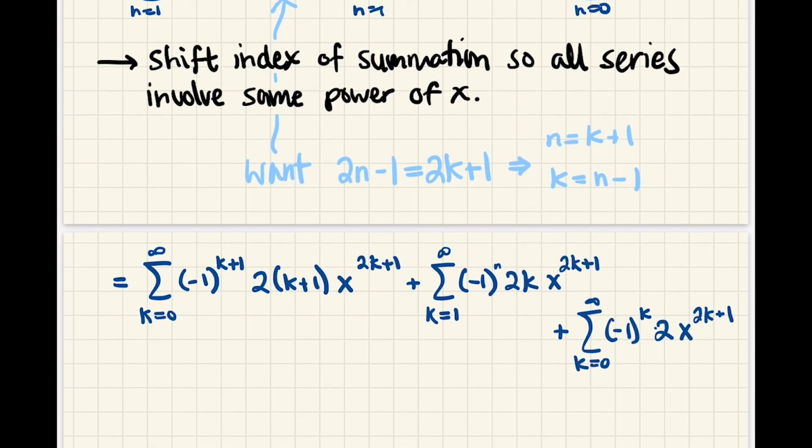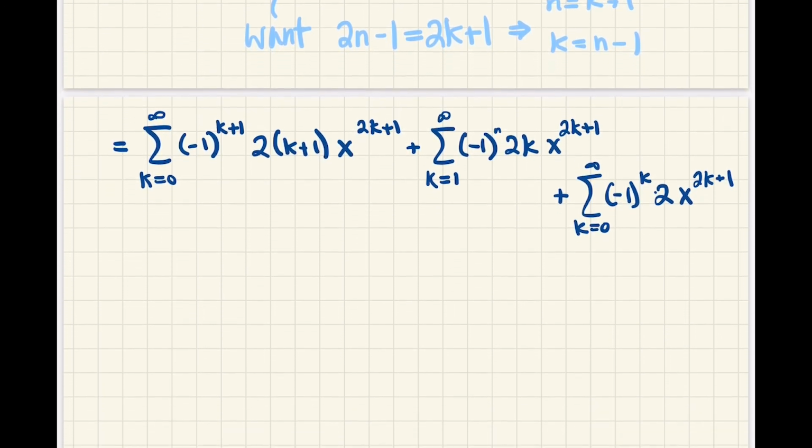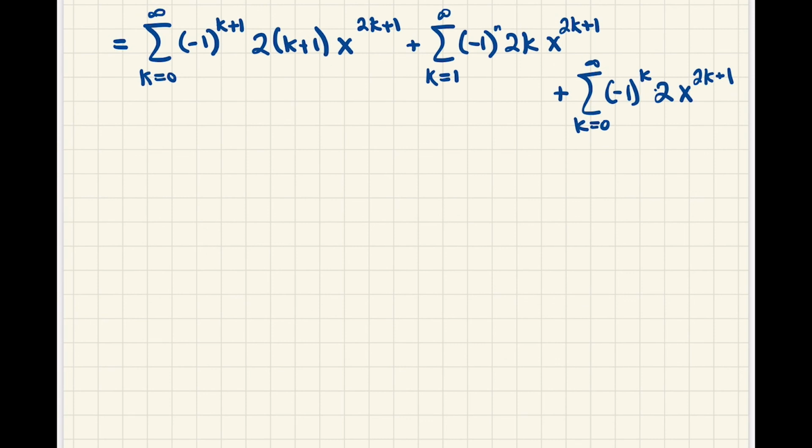So we're not going to do anything else to those ones. All right, so the next thing we need to do is run off the initial terms of 2 of these series so that they all start at the same k value, which is k equals 1 is what our target would be. So you always have to run off so that they all match whatever the highest initial k value is.